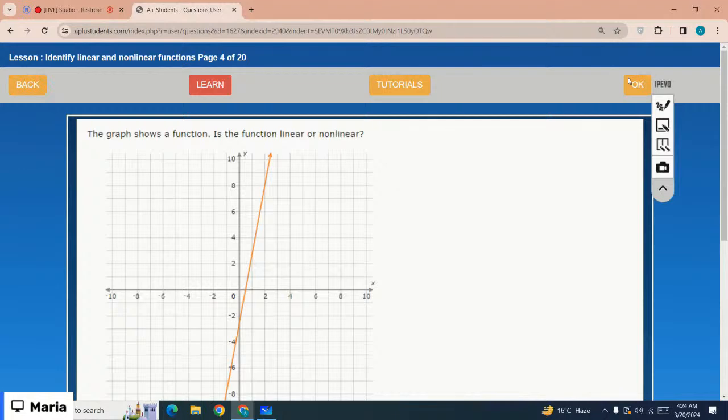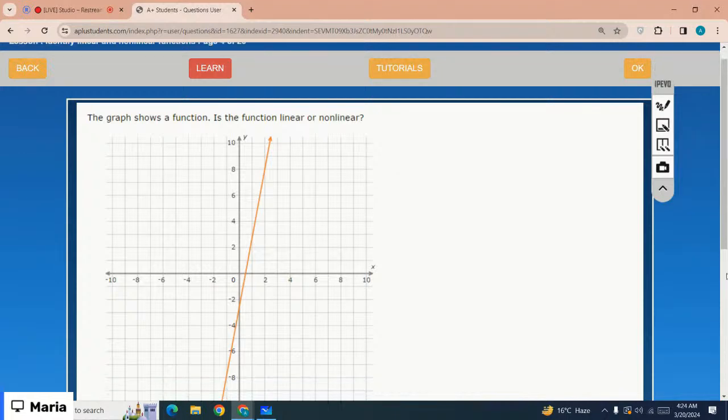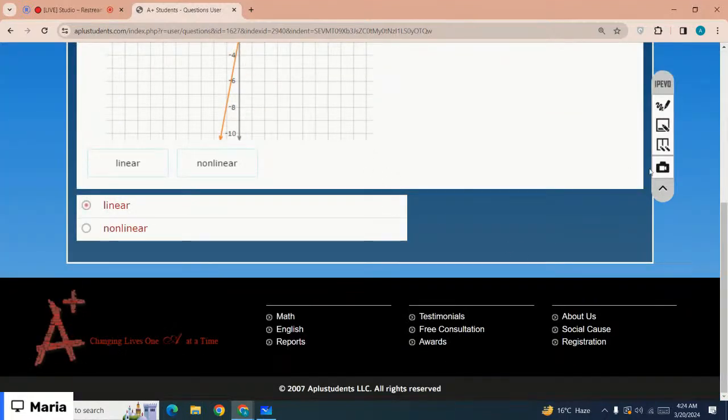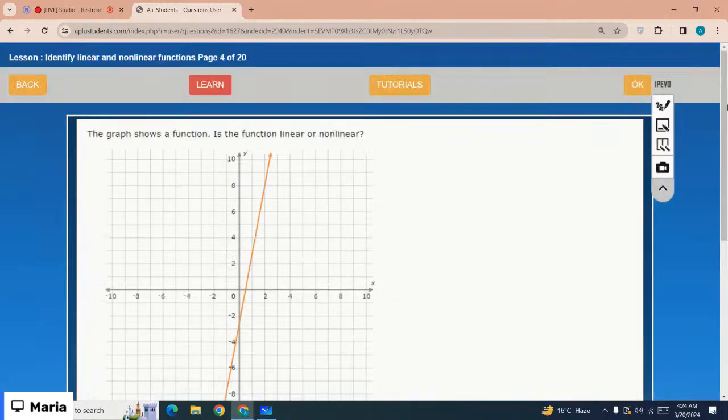The correct option is linear function. It is. The graph is a straight line, so it is a linear function.